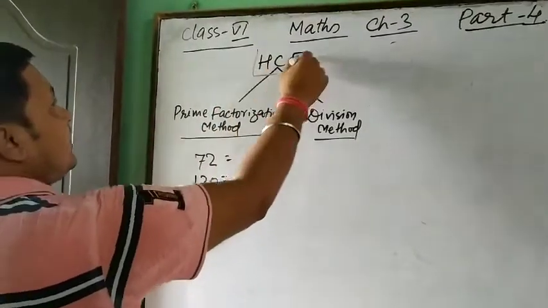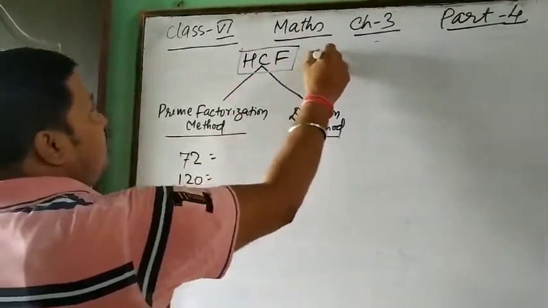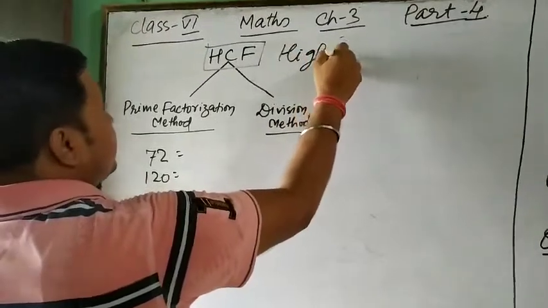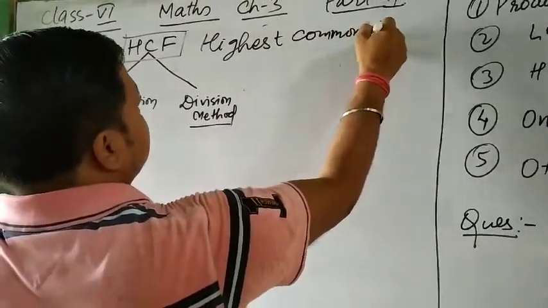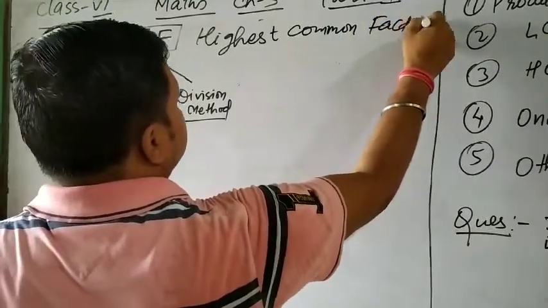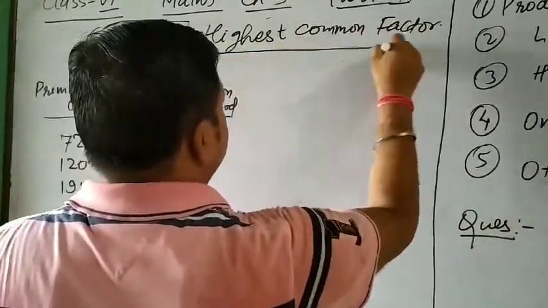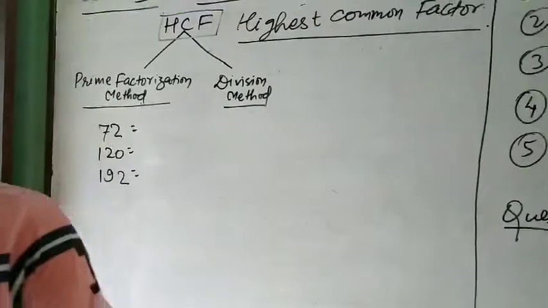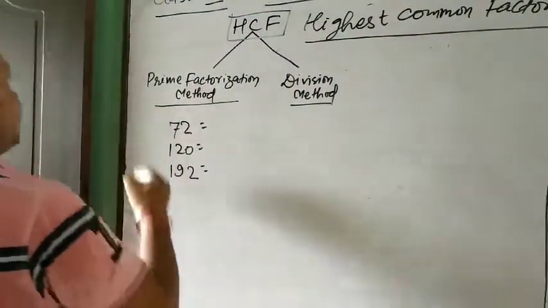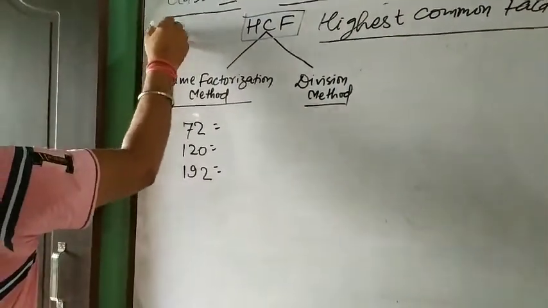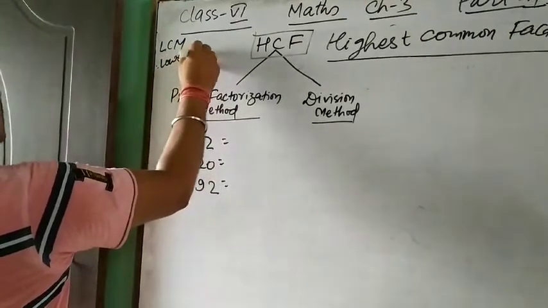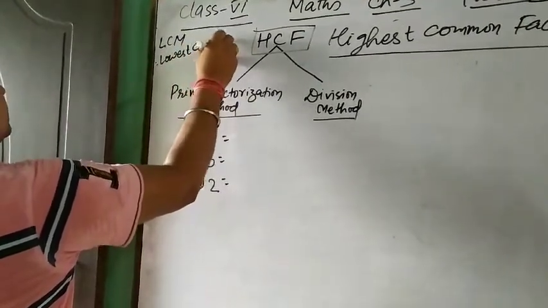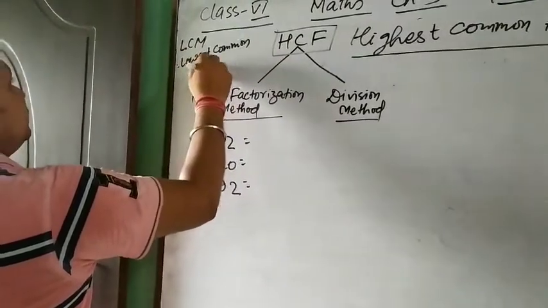Now it's HCF. HCF means highest common factor. And LCM equals lowest common multiple.